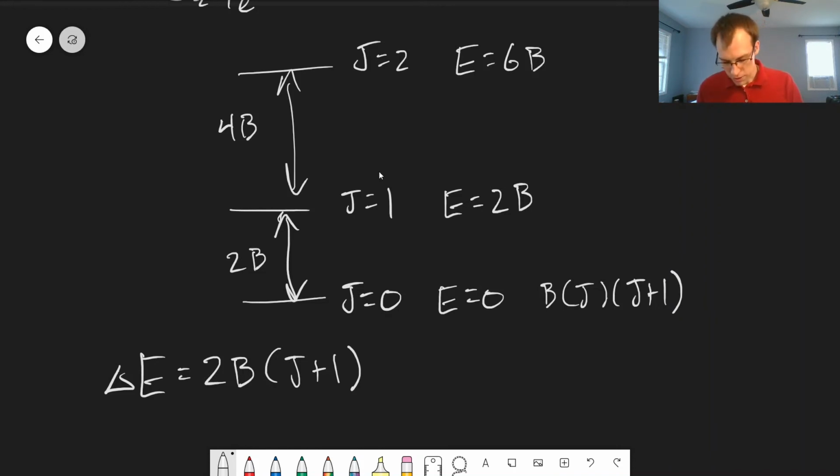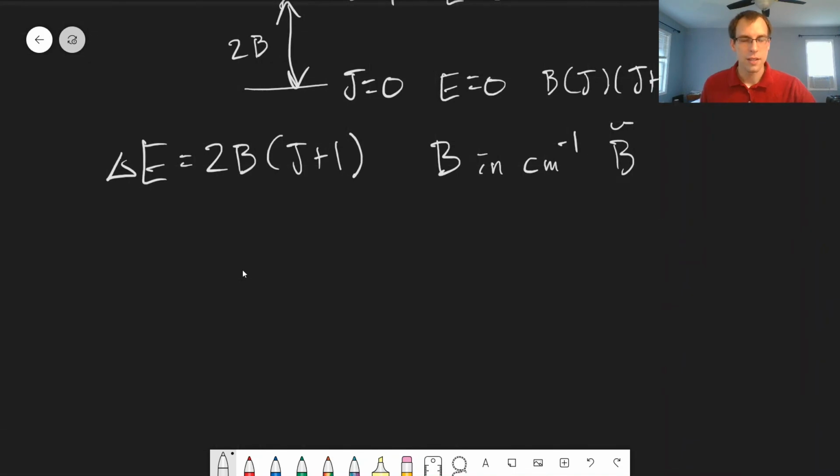Now we often switch this to wave numbers. So B in wave numbers, we give the symbol B tilde when we're doing rotational spectroscopy. We define B as h bar squared over 2I.